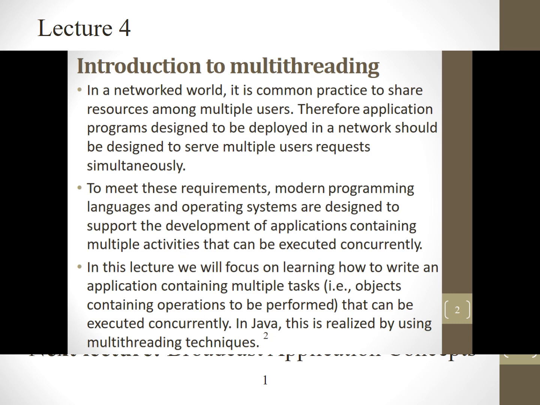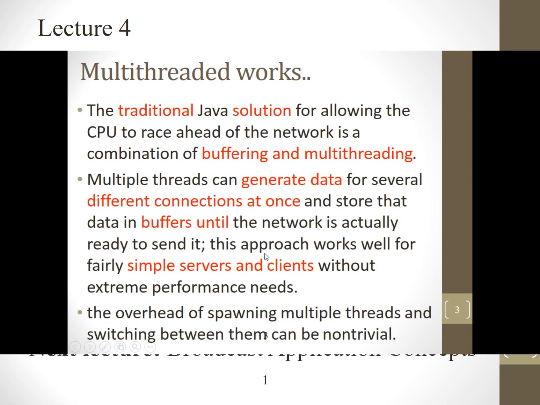So in this lecture, we will focus on learning how to write an application that contains multiple tasks, and then it can be executed concurrently. So in Java, how does it realize this? It realizes this by using multi-threading techniques. So how does multi-threading work?